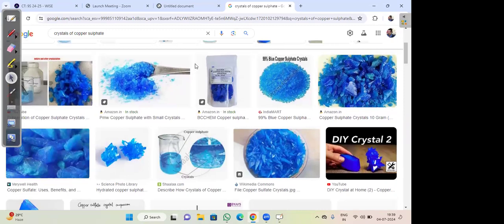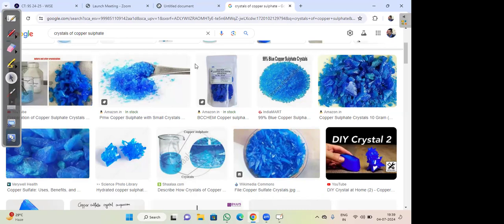Are the crystals of copper sulfate harmful? Harmful in what sense? Harmful in touching, or harmful when you consume it? If you consume it, of course it's harmful. Can you consume common salt just like that? No, sir.